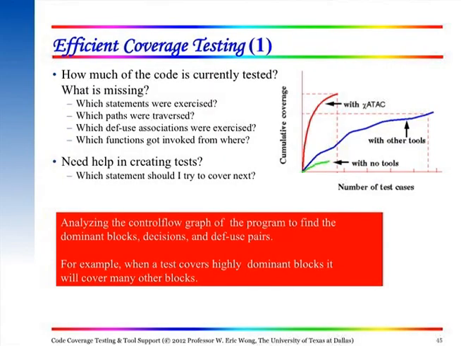You got 100 lines of code. You keep testing these 50 lines of code and leave the other 50 aside. It's not a good strategy, right? You want to make sure that every part is executed. So you want to improve the coverage in an effective way.